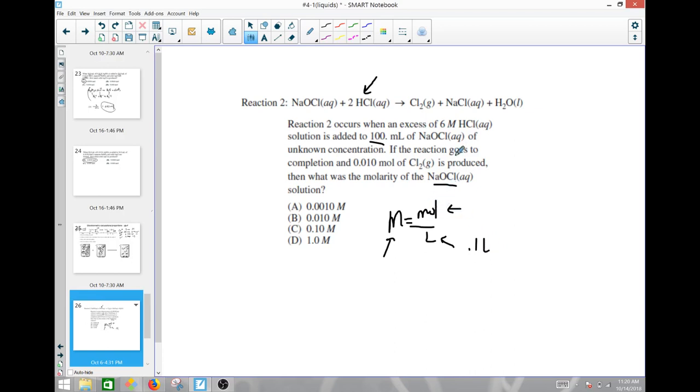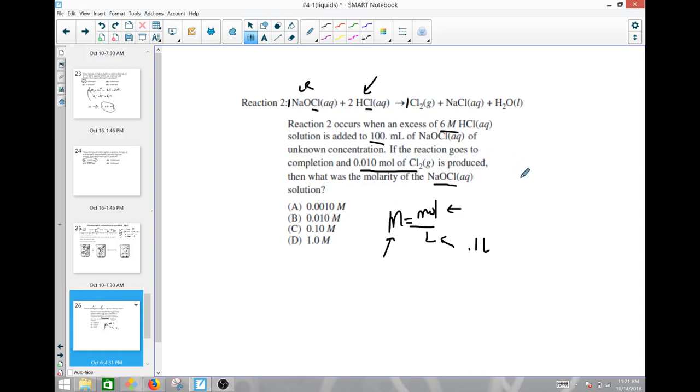Well, this is not going to be needed. It's in excess. So all I'm really going to use is my chlorine. I know that for every one of these that get produced, I had one of these. And this is going to be removed entirely because it's a limiting reactant. If I know how many moles of this I got, then I know how many of those I had. And of course, one chlorine and one chlorine, those have to be the same coefficient.